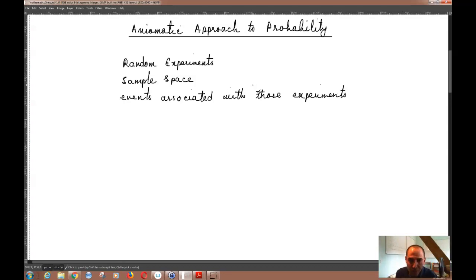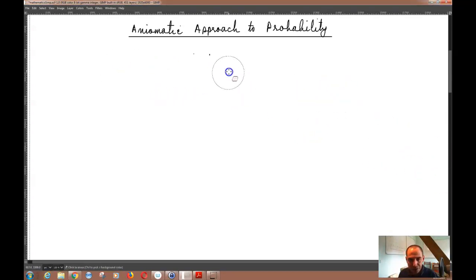Now, the axiomatic approach to probability seems to be a little bit different. I read this once, and to be frank, I didn't really understand it that well, so let's read this together and see if we can make sense of it.